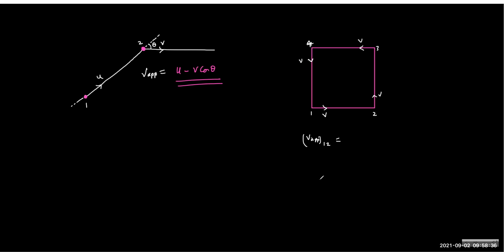What is the V approach here? V1 minus V2. What is V minus V2? Everything is V here. Sir, I'm asking you. Because all have the same velocity. What is V approach?